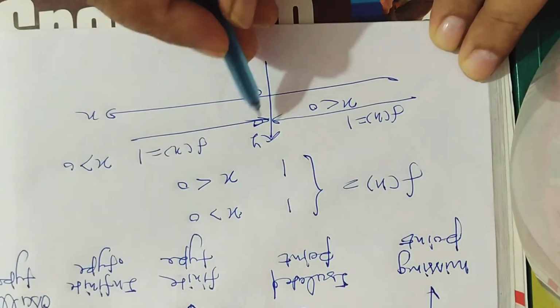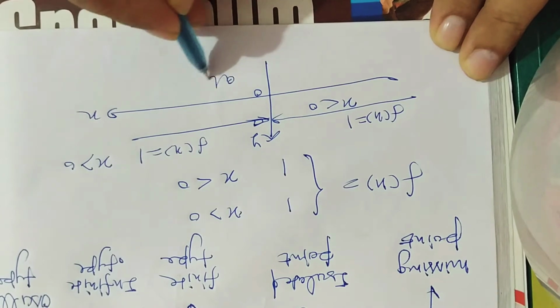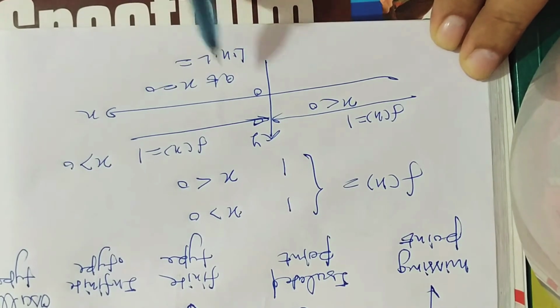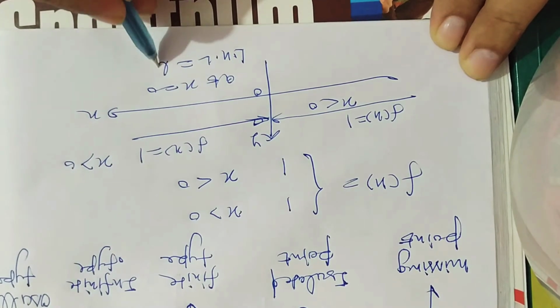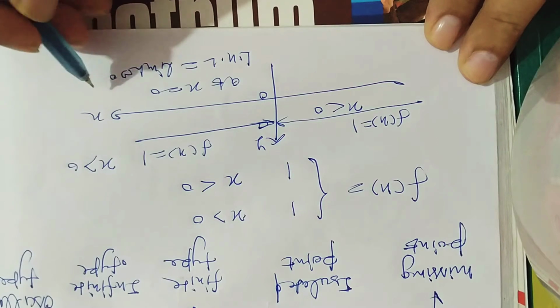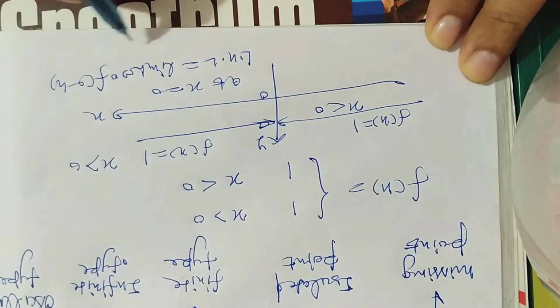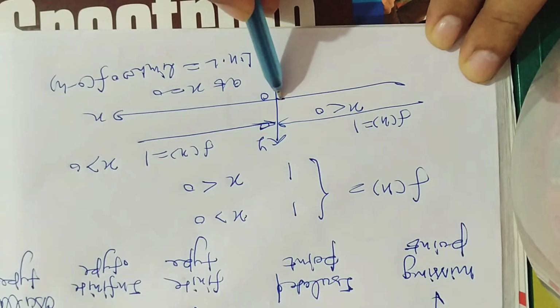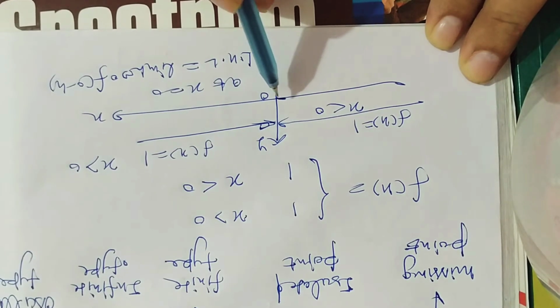In this case, at x equal to 0, LHL is equal to limit h tends to 0 of f(0 minus h). It means just left side of 0.